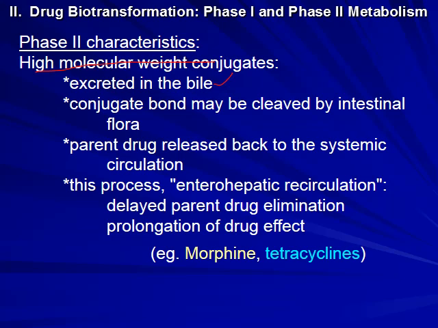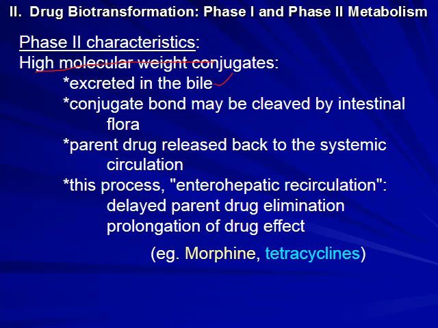That's called enterohepatic recirculation. And so in this process, it looks like the drug is going to be eliminated. It looks like it's almost out the door, but the microflora cleaves the conjugate, and the drug gets reabsorbed. This occurs in morphine. This occurs in tetracycline. This occurs in certain estrogens.